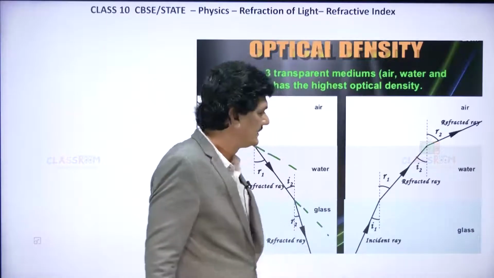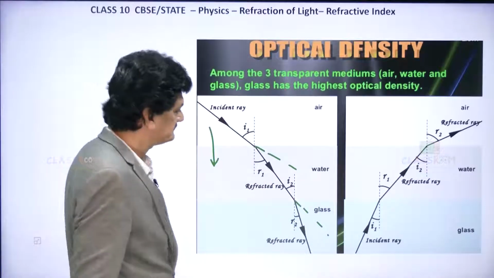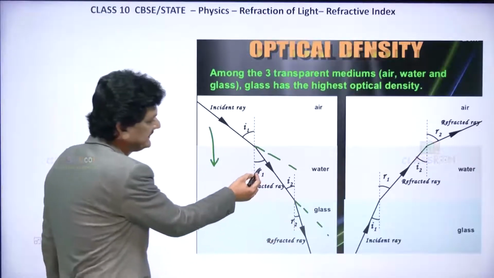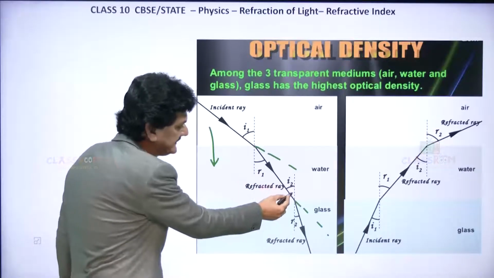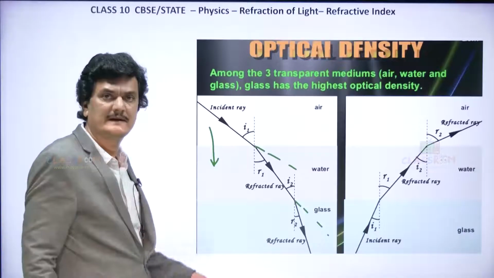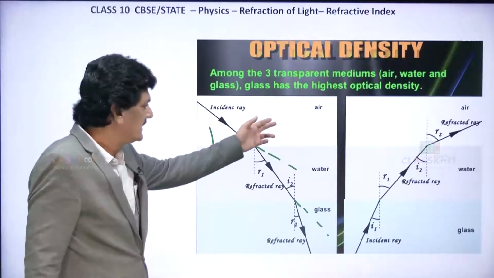So you can see here the angles of refraction are decreasing when a light ray travels from an optically rarer medium.